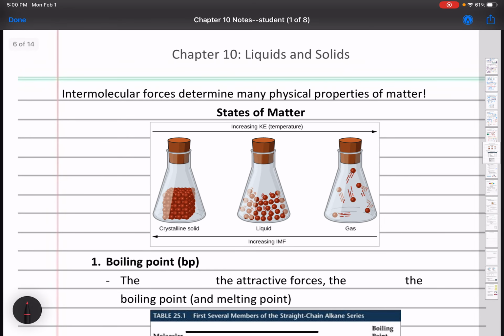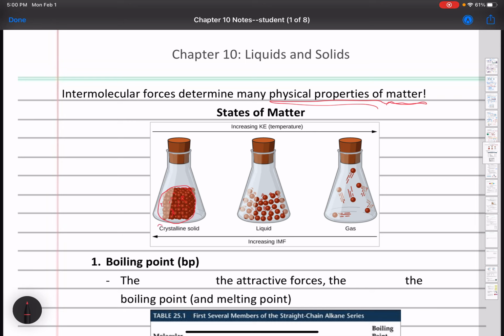Okay, so now that you know what all these different intermolecular forces are, now we'll talk about why they matter. They matter because they, no pun intended, determine a lot of the physical properties of the matter around us, including their state. So solids are solid because the molecules pack together tightly and have a lot of intermolecular forces holding them together in that packed shape.